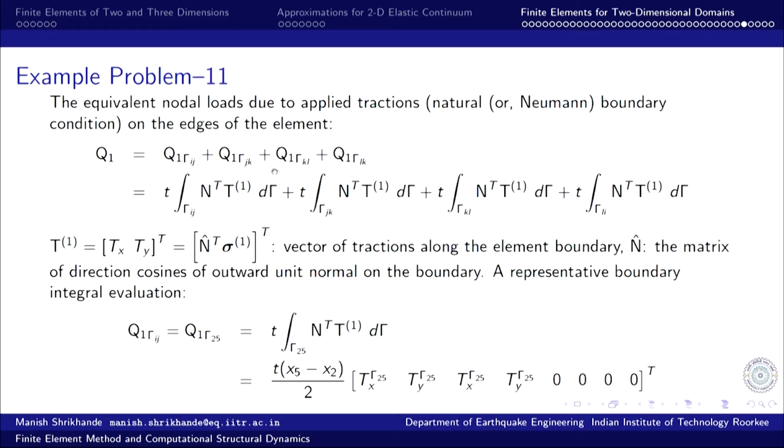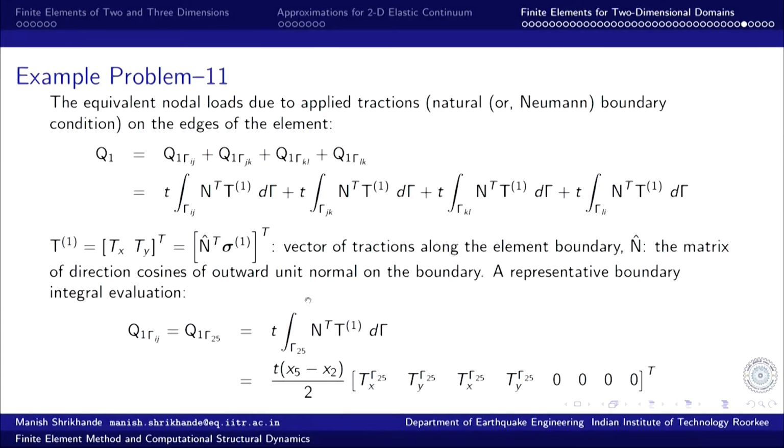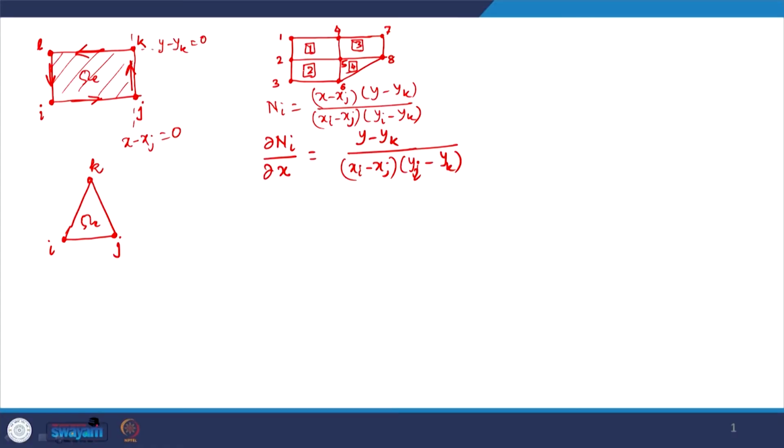And similarly, we can go for the next segment and third segment, fourth segment, and that is how we do that. And during the assembly, as we saw in the case of one dimensional element, for the edge 2 5, there would be a corresponding matching contribution coming from element number 2, which would be from 5 to 2.